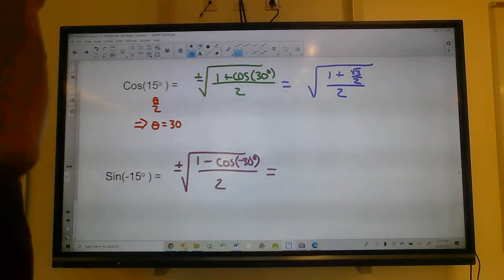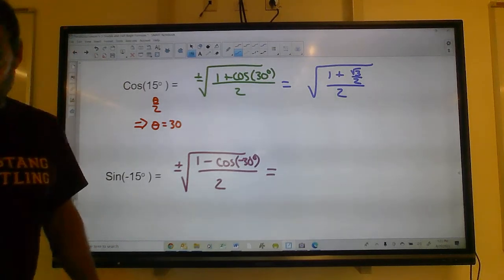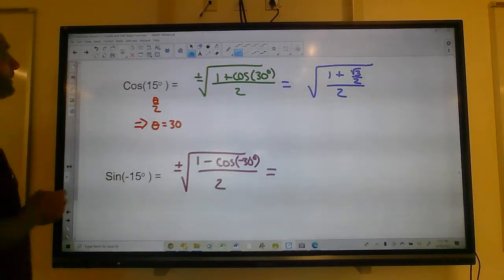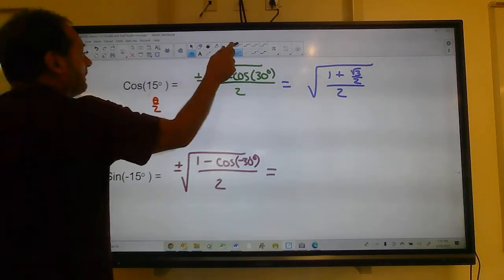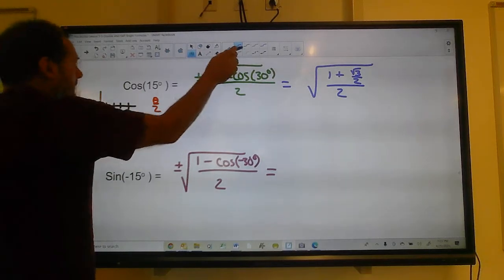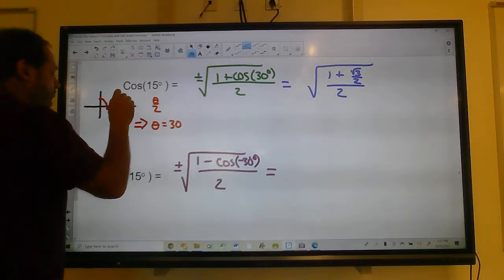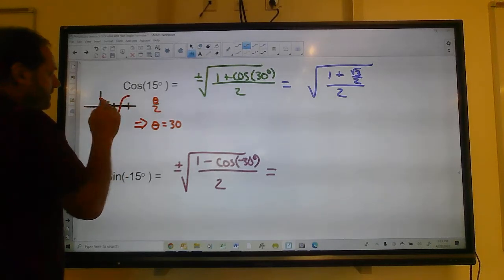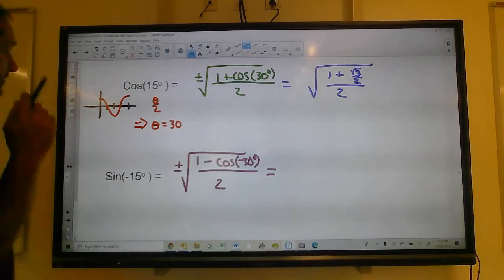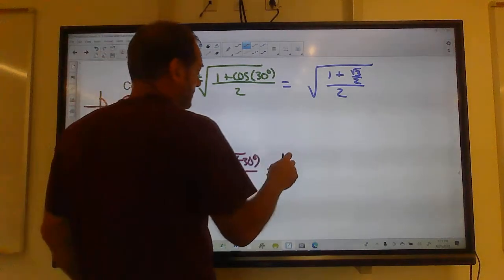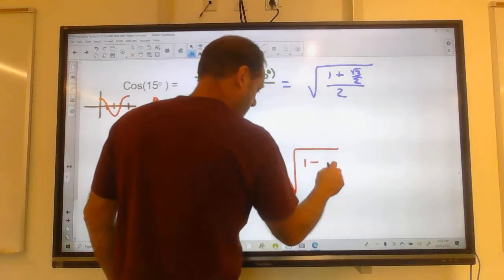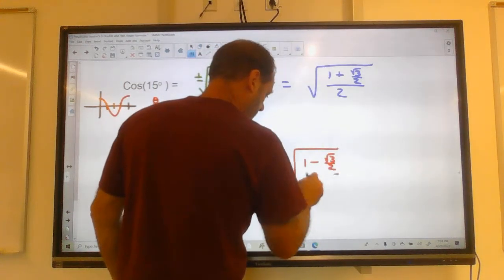Then let's see, the cosine of negative 30 degrees, that's going to be, hang on here. Cosine looks like this, negative 30 degrees. That's going to be square root of 3 over 2, and it's going to be positive. So this is going to be 1 minus the square root of 3 over 2, all over 2.